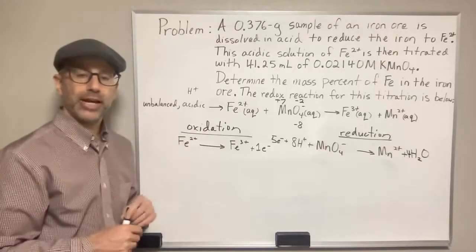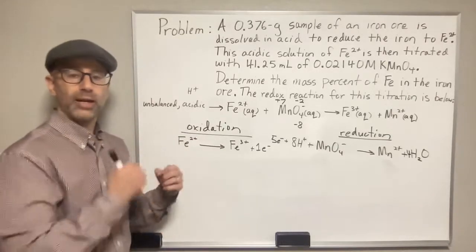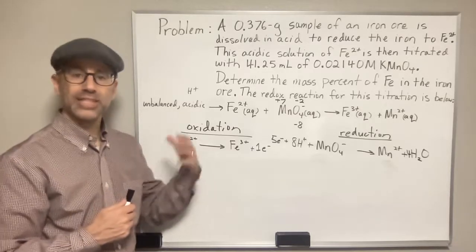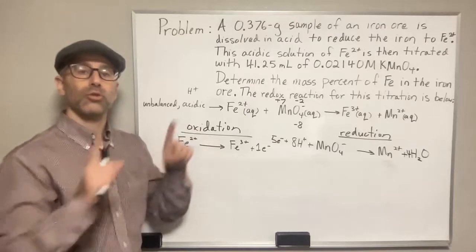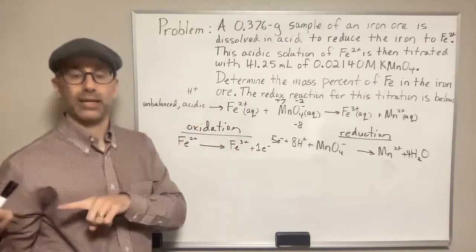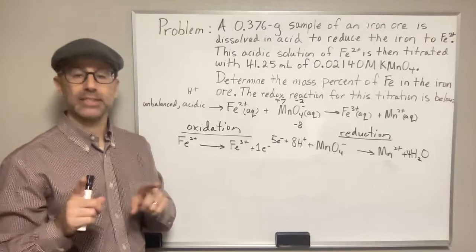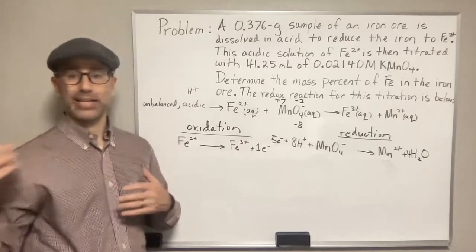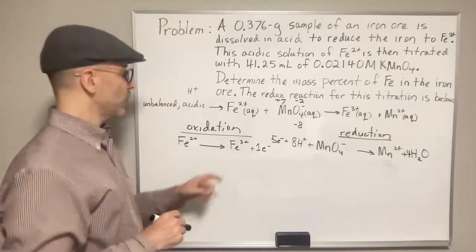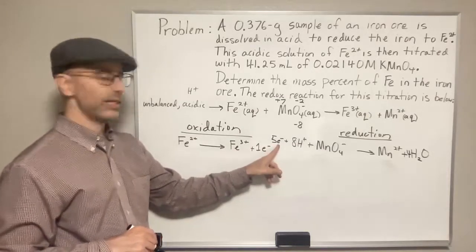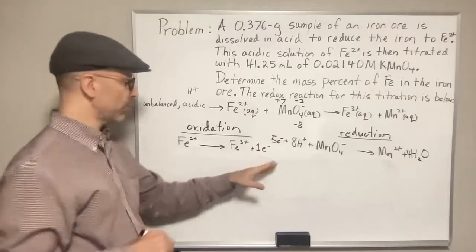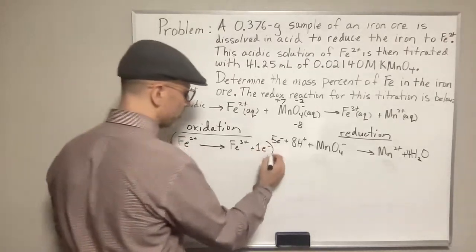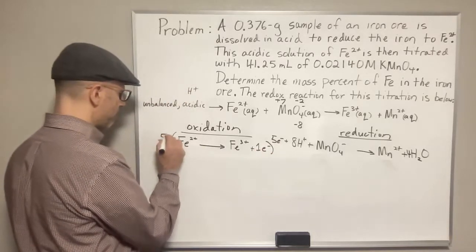This is a redox reaction. Remember, OIL RIG. Oxidation is loss of electrons. Reduction is gain of electrons. If something is losing electrons, the other thing is gaining, and the number of electrons has to be the same. So if one side is losing electrons, then the other side has to be gaining those 5 electrons too. You'll notice there's 5 electrons here and only 1 electron there. So we're going to have 5 electrons there, and the way you do that is by multiplying the whole equation by 5.